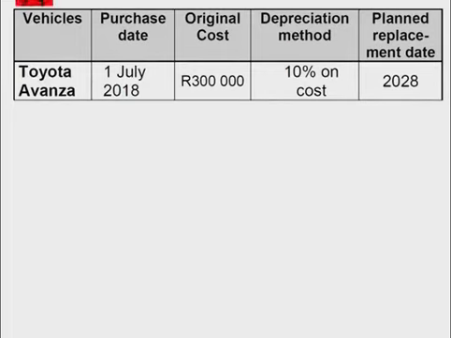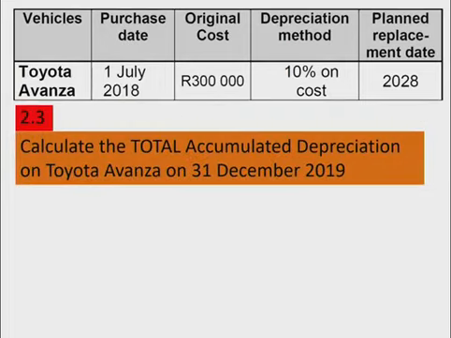Right. Then for question 2.3, they want us to calculate the total accumulated depreciation on the Toyota Avanza on the 31st of December 2019. Now remember, we bought it on the 1st of July.